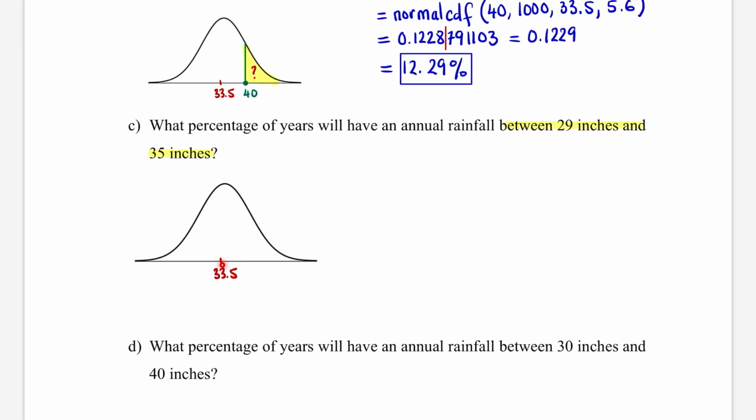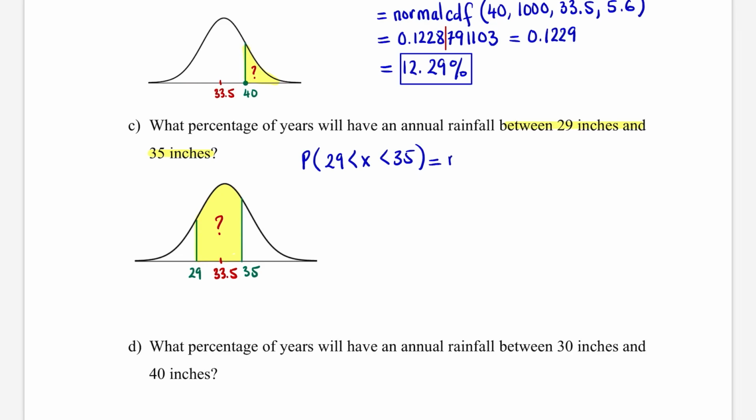This is 33.5. 29 is to the left of 33.5 and 35 is to the right of 33.5. And I want the region between 29 and 35. This is the region between 29 and 35. I want to find that region. Probability of x is in between 29 and 35 inches.